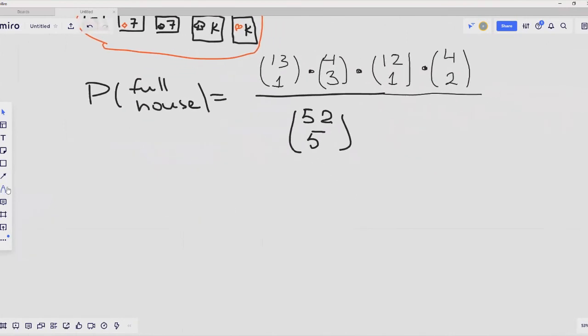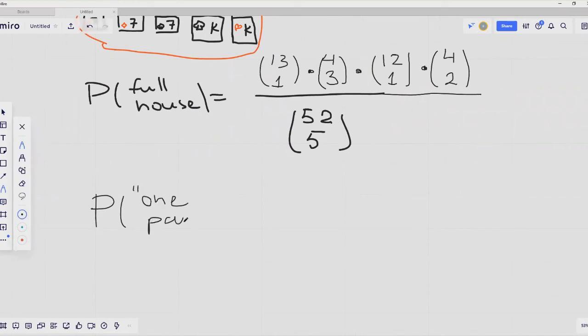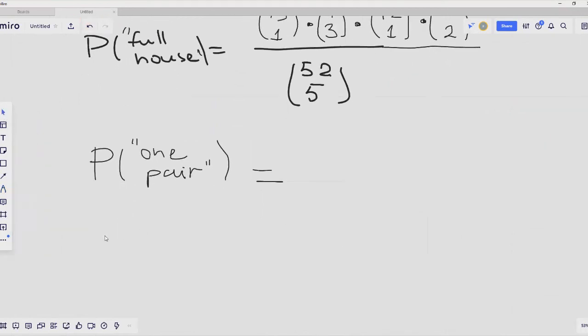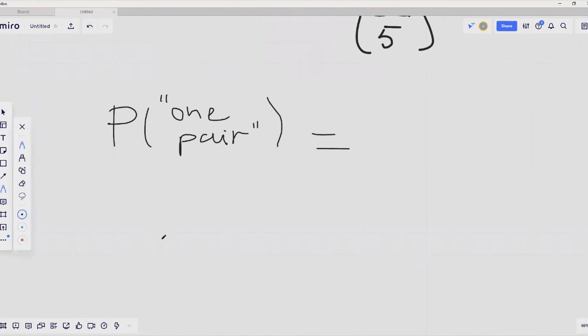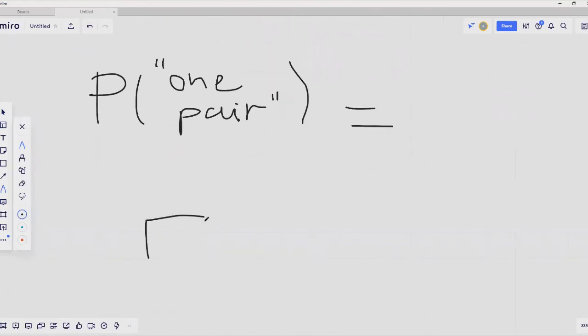Next, let's calculate the probability of one pair. One pair is a case when we have 2 cards of the same denomination, let's say a couple of 7s, and the remaining 3 cards are all going to be of different denominations.